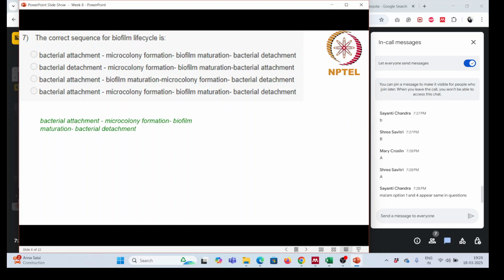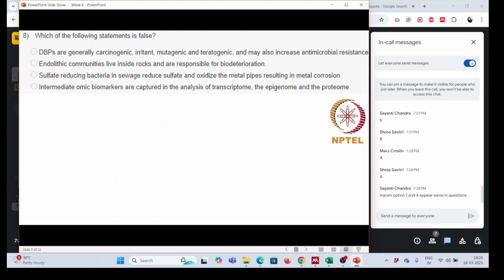Option 1 and 4 are similar. The next question is, which of the following statements is false?